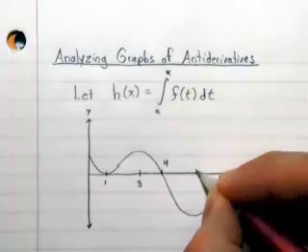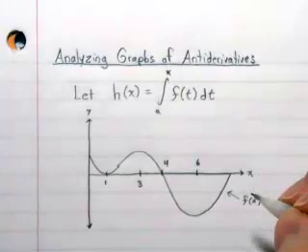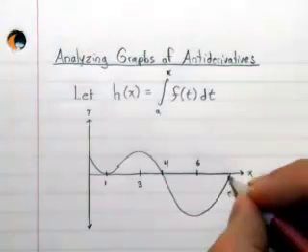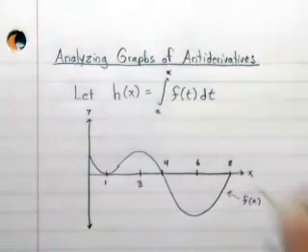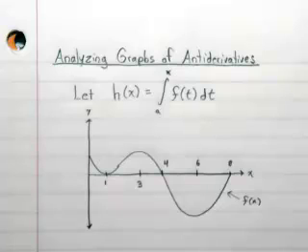That comes down at 6. And then this is at 8. Okay. And so I'm going to ask you some questions about h. And you need to use the graph of f to answer those questions about h.